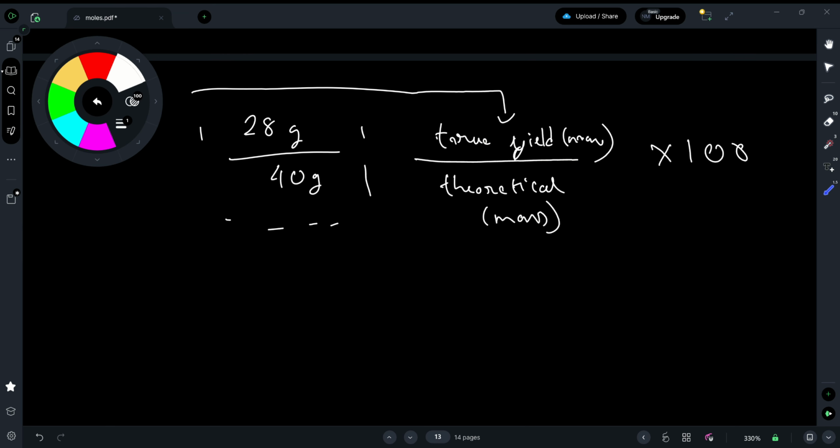So we got only 28 grams out of what we should have gotten, 40, and you do this into 100. So 28 by 40 into 100, that is exactly 70%.